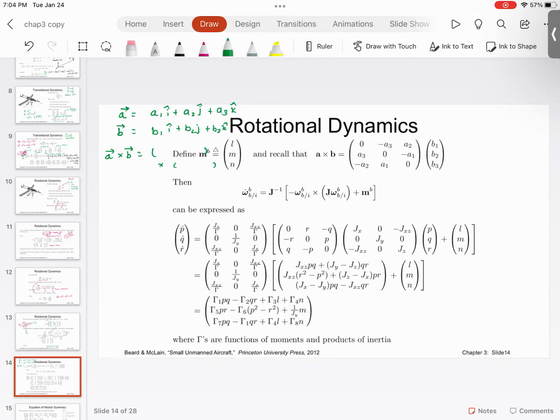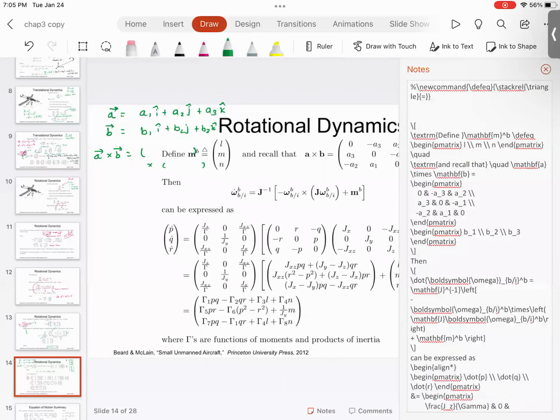Everyone understood this? If I express vector A as a column vector, A1, A2, A3, and B as B1, B2, B3, the cross product formula is this.